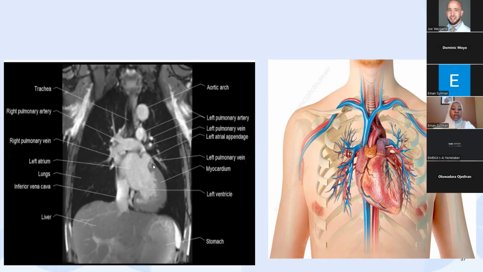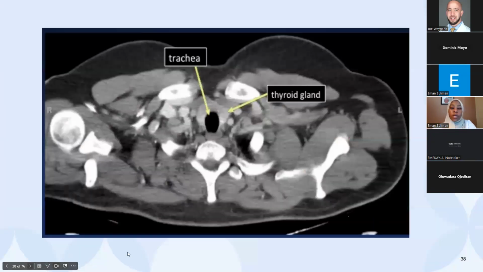Here on the CT, you can see the heart. The biggest structure here is the pulmonary trunk, and here the aorta in a different section, showing the descending aortic arch. Okay, this is the CT scan from the neck. We'll go from the neck and downward.